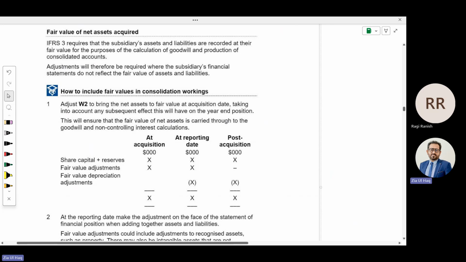Fair value of net assets acquired. How to calculate? We need to calculate net assets at the time of acquisition, at the time of reporting, and we need to see post acquisition changes. We need to record assets of the subsidiary at fair value.